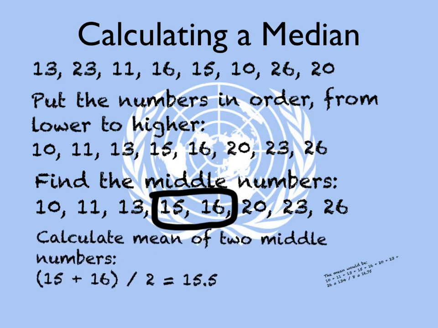Then, yes, the mean kicks in, but here it's to calculate the mean of the two middle numbers. So you add 15 to 16 and then you divide by 2 and you get 15.5. Let me repeat that number, 15.5.